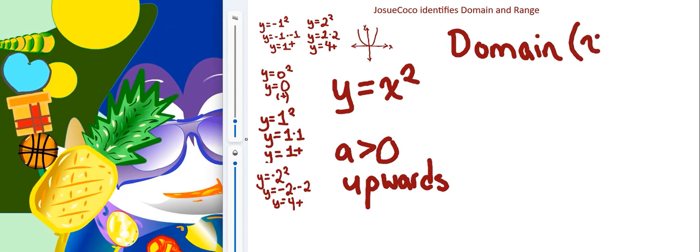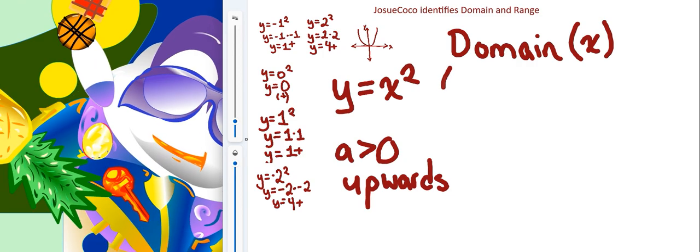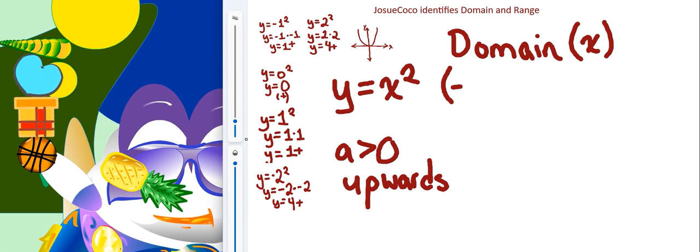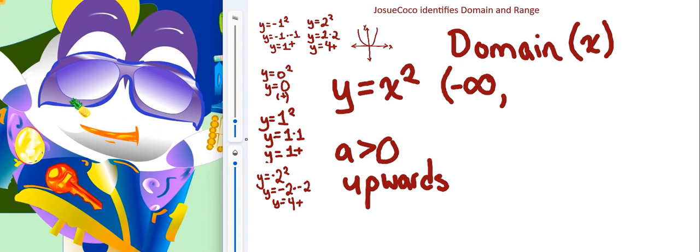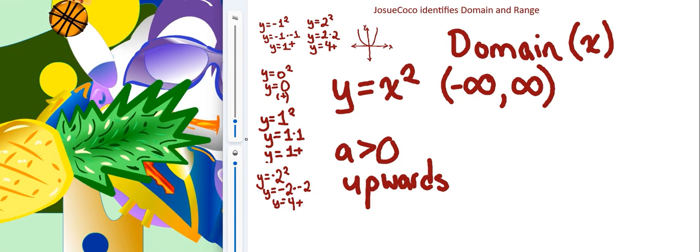Here we have domain, which is x, and we'll stay here, open interval negative infinity to positive infinity. That will be the domain.